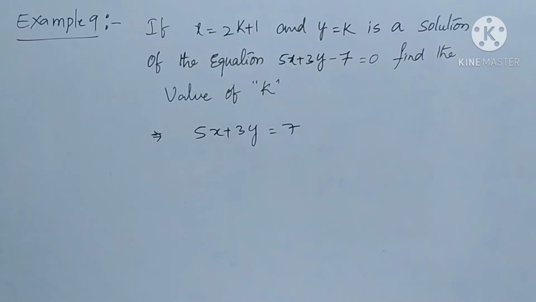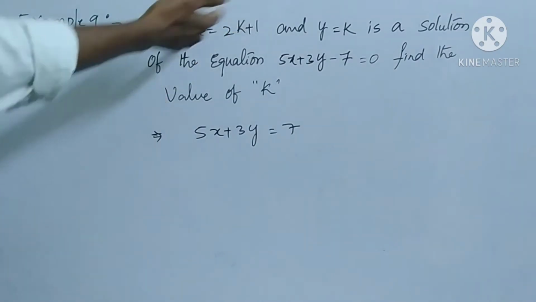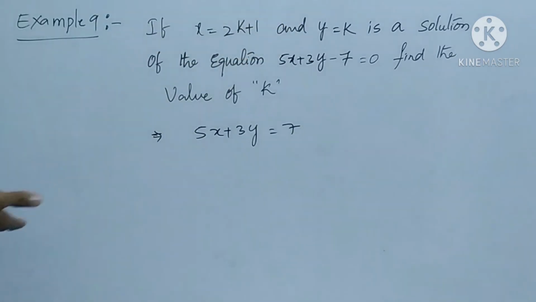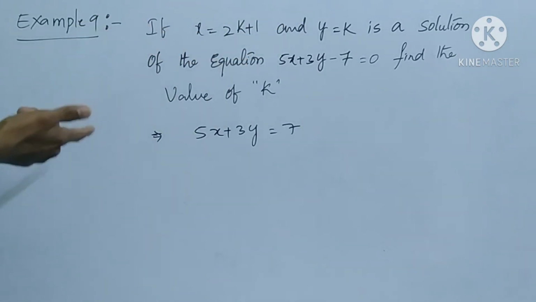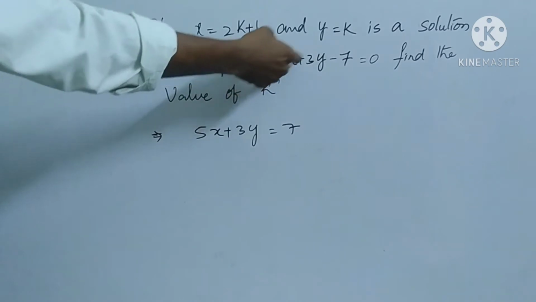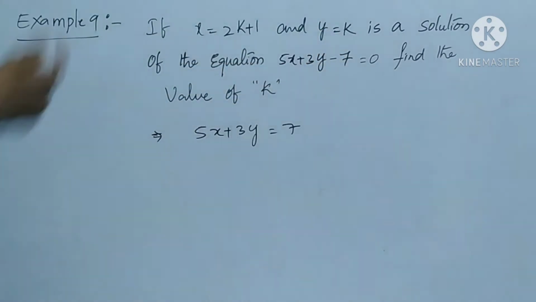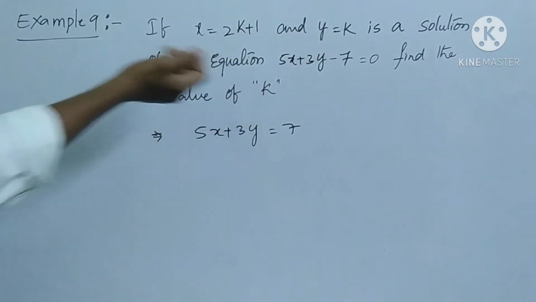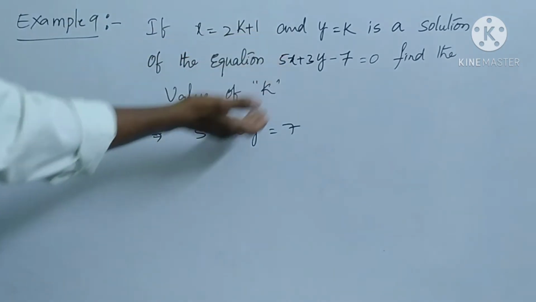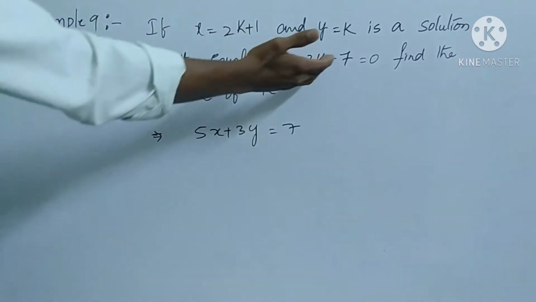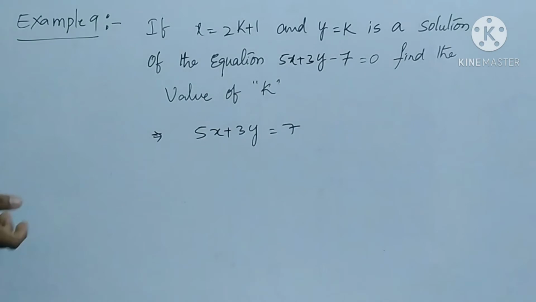So this is our example 9. If x is equal to 2k plus 1 and y is equal to k is the solution of the equation 5x plus 3y minus 7 is equal to 0, find the value of k. Here is our given question, 5x plus 3y minus 7, transposing, is equal to 7.